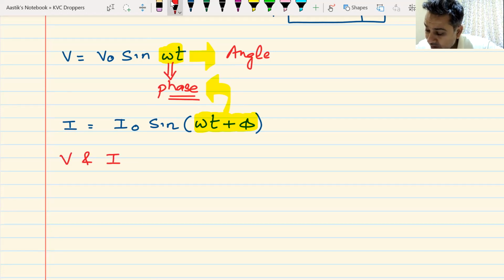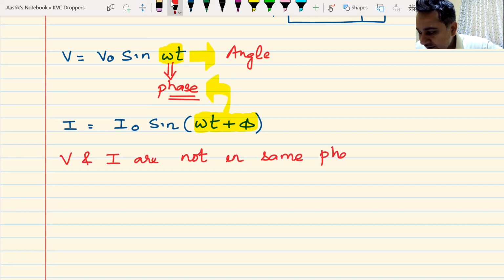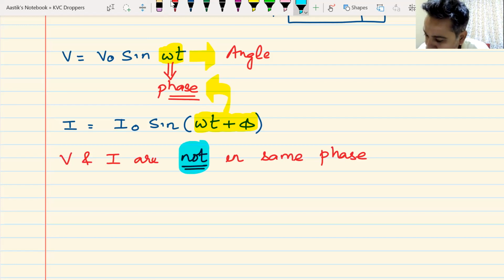So current and voltage are not in the same phase. Do we understand this? The most important term is they are not in the same phase. Yes or no? Yes, sir.